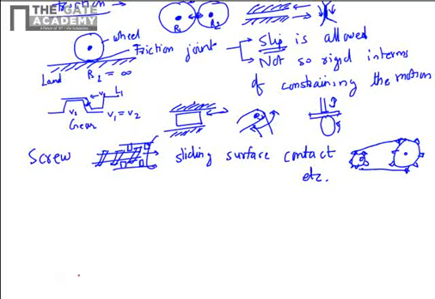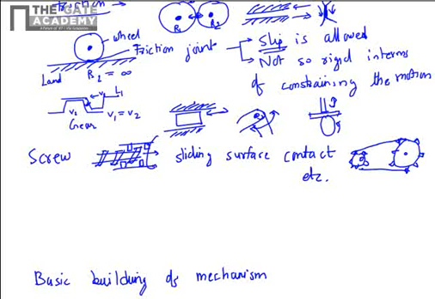Now that we have understood the concept of links and joints, we will now come to the basic building block of mechanism, that is the combination of link and joint.